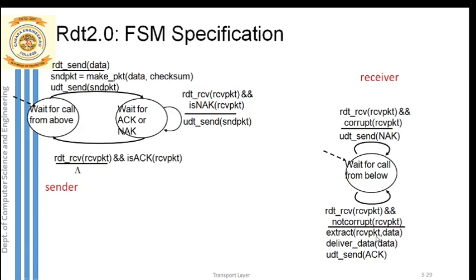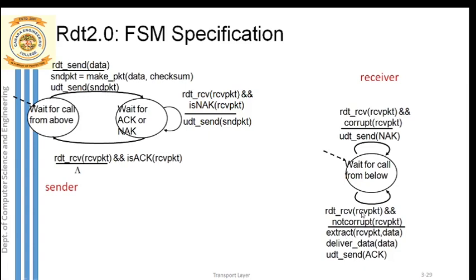He will take the message from the packet, and that extracted data he should deliver to the application layer at the receiver side, for the user to read. So this correct data is delivered to the application layer, and don't forget this last line.